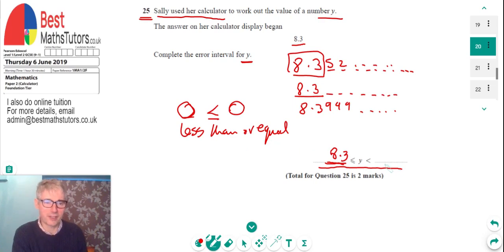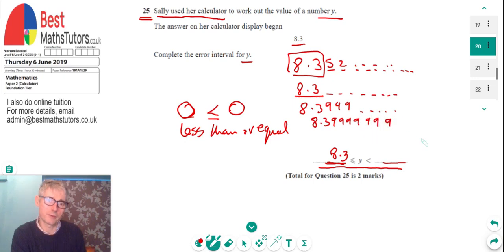And this second part is saying that we're looking now for a number which is bigger than y. So it's got to be the maximum value that y could be, but just slightly bigger than. Now, the largest value that y could be would be 8.3 with 9s going on forever.